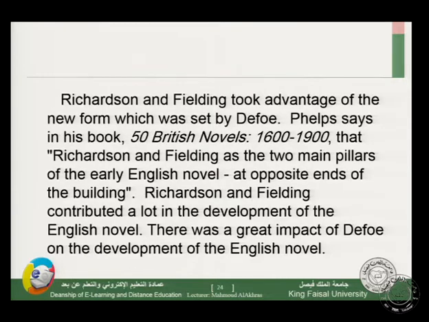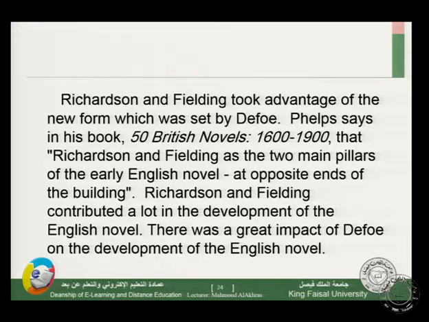Richardson and Fielding took advantage of the new form which was set by Defoe. Phelps says in his book 50 British Novels from 1600 to 1900 that Richardson and Fielding were the two main pillars of the early English novel, at opposite ends of the building.